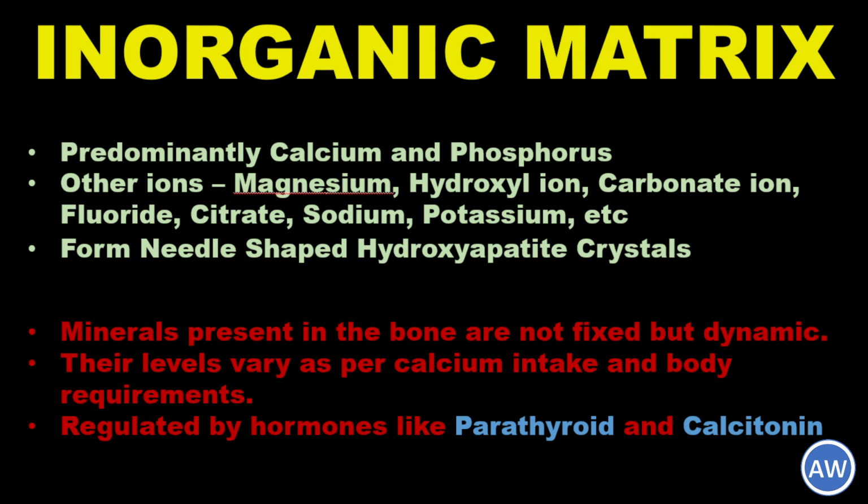Remember, minerals present in a bone are not fixed but dynamic. That is, their levels vary as per the calcium intake and the body requirements and are regulated by hormones like parathyroid and calcitonin.